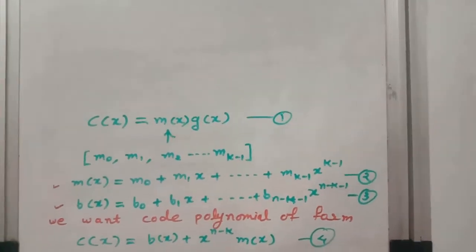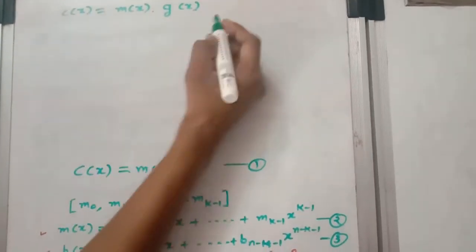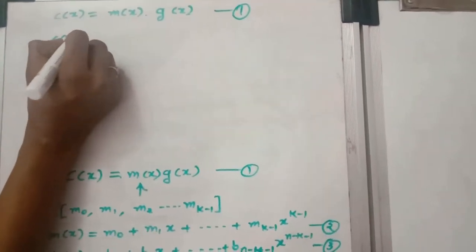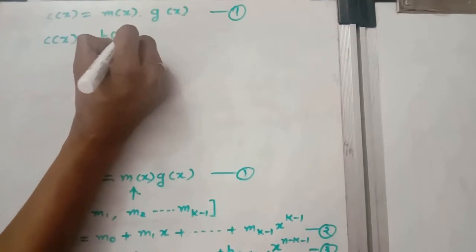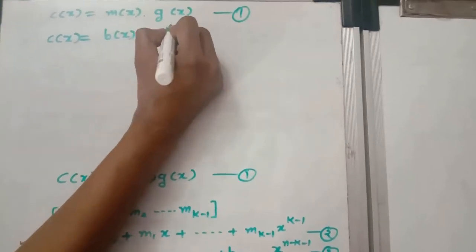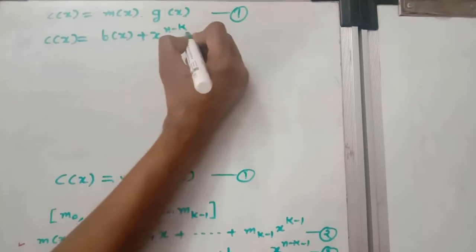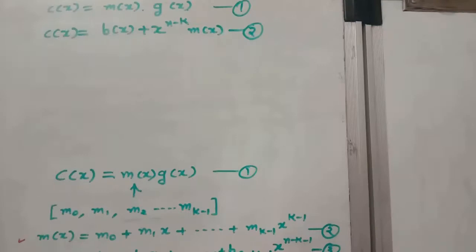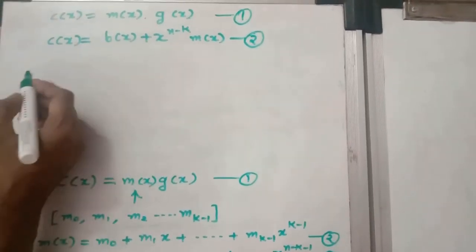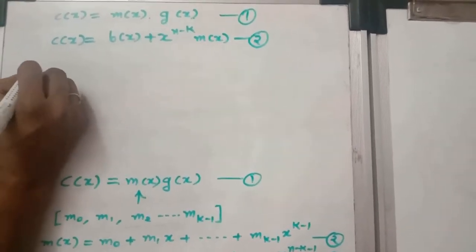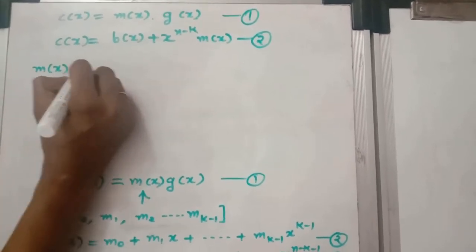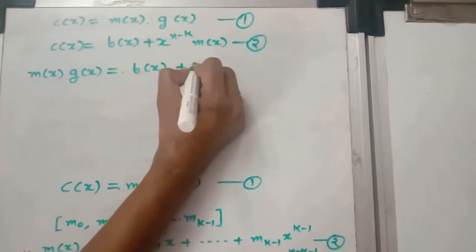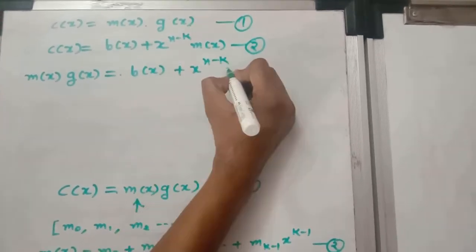So c of x is equal to m of x into g of x, that was our equation 1, and c of x is equal to b of x plus x raised to power n minus k into m of x, that is our equation 2. Okay, so we can equate these two equations. So now we can write that m of x into g of x is equal to b of x plus x raised to power n minus k m of x.